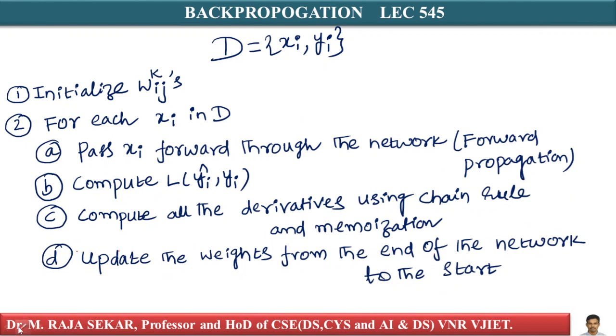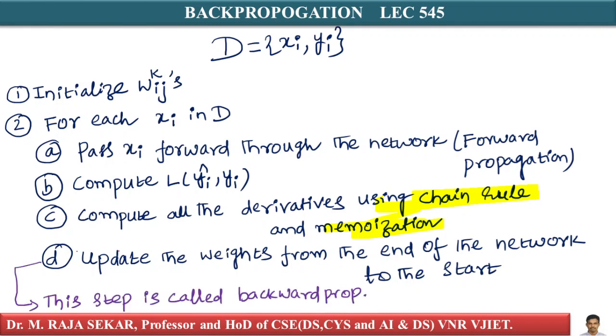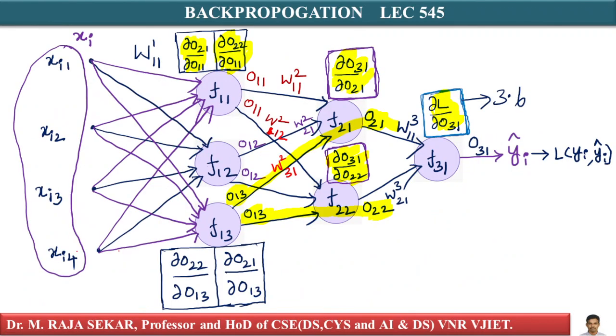We are using chain rule and memoization. Step D is called the back propagation step. Logically, in the forward prop we are sending the input and trying to compute the output, that is yi cap.